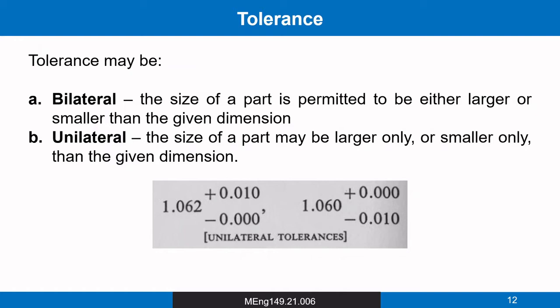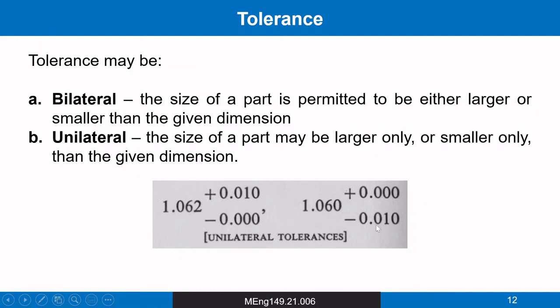Now, if a dimension is permitted to be smaller only, what goes below is minus 0.01. But the upper quantity, the superscript, is plus 0. Okay? So to summarize the expression for unilateral tolerance: if it means larger only, for example larger only by 0.01 inches, then this is the expression, plus 0.01 on top, while the minus is 0.